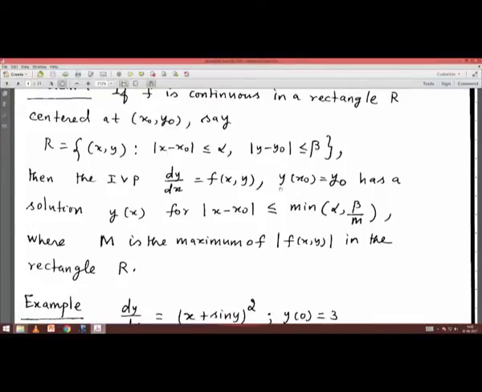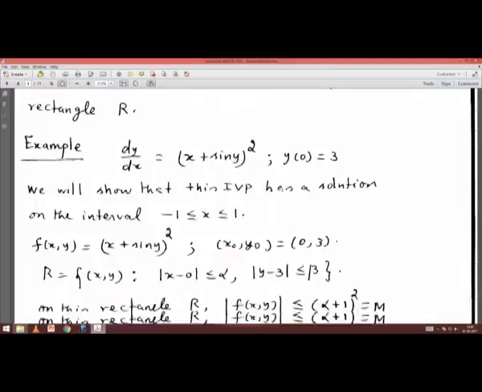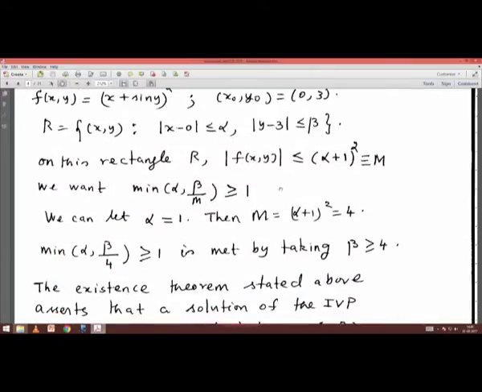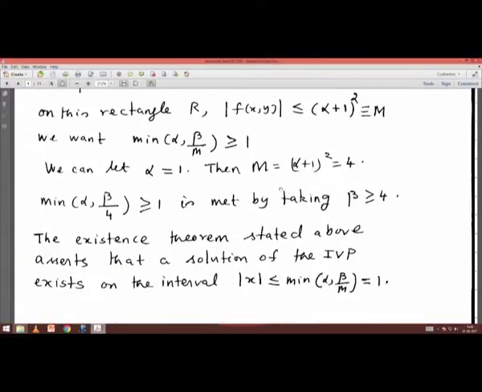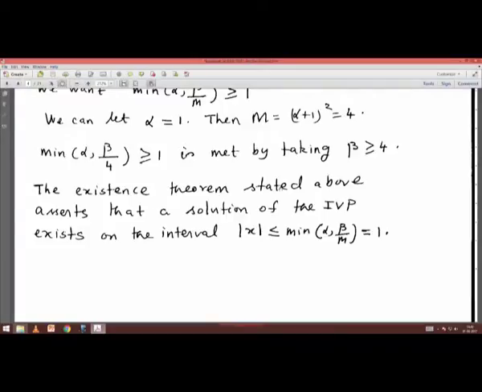So, it has a solution y of x for mod x minus 0 less than or equal to minimum of 1 comma beta by M, where beta is greater than or equal to 4 and M is equal to 4. Namely, the solution exists on the interval mod x less than or equal to minimum of alpha comma beta by M, which is 1.